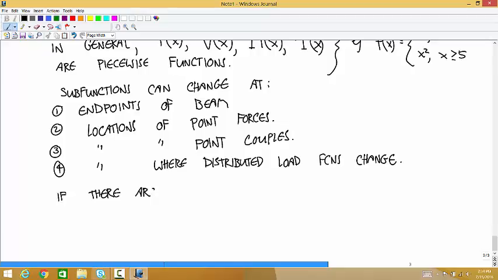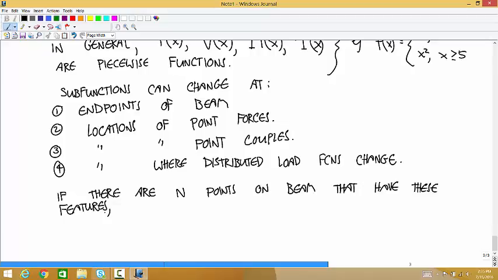If there are N, capital N, points on the beam that are in this list of 4 things, that have these features, you know what I mean? That's a stupid way to say it. Dang it. Then these piecewise functions are going to be represented by N-1 subfunctions.